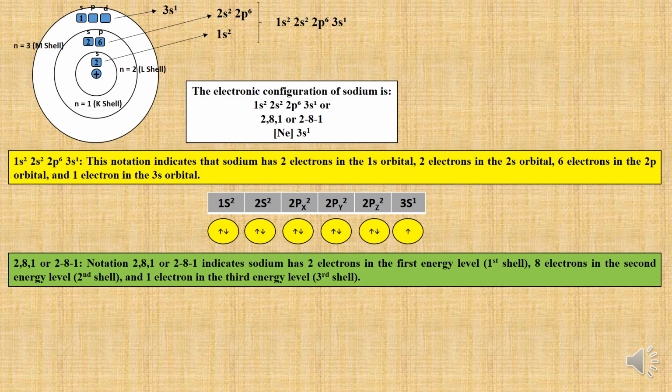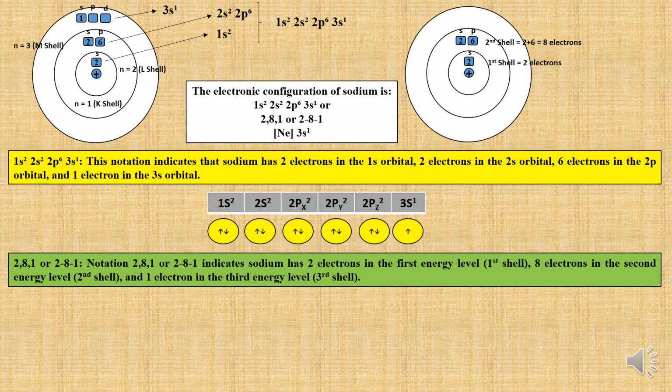This notation 2, 8, 1 indicates sodium has 2 electrons in the first energy level or the first shell, 8 electrons in the second energy level or the second shell, and 1 electron in the third energy level or the third shell.